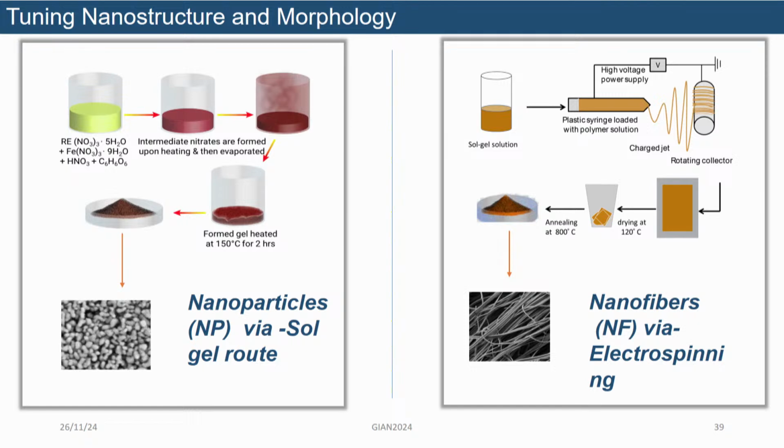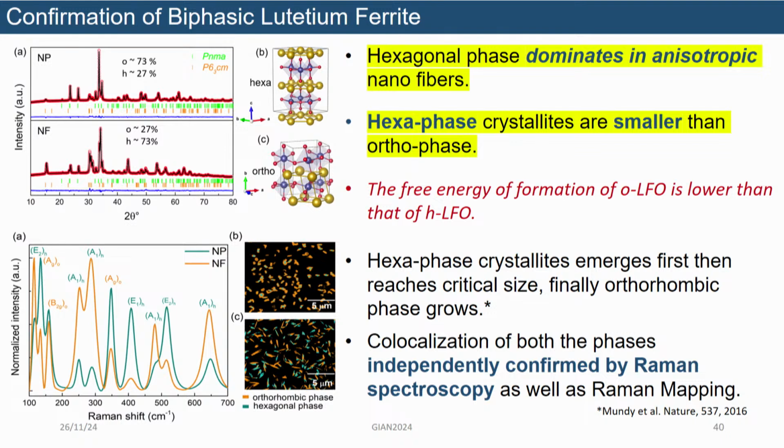So, we synthesized them. Then we were trying to find out what structure it is. The structure was supposed to be orthorhombic, but it was not orthorhombic. We were investigating and we were seeing a few extra peaks, and we were not able to find out what they were.